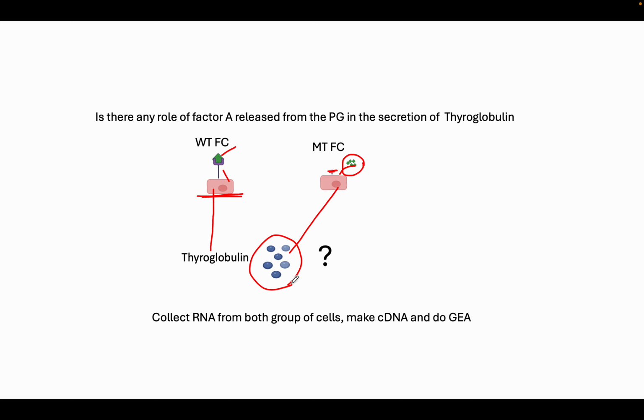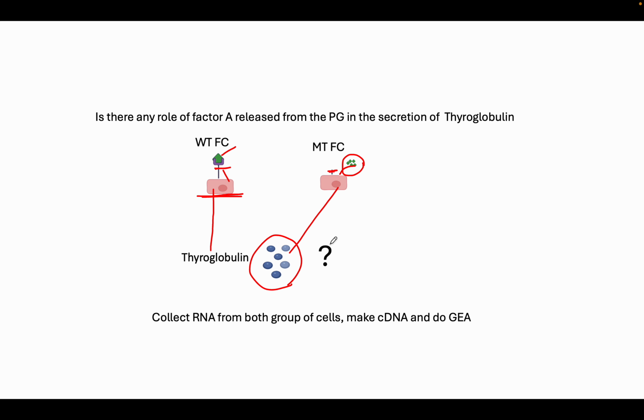Now my expected result is that these cells where the receptor is intact can bind with the factor A and are capable of secreting thyroglobulin, while these cells where I have mutated the receptor for the factor A will not express the thyroglobulin gene, or will not make the thyroglobulin protein.